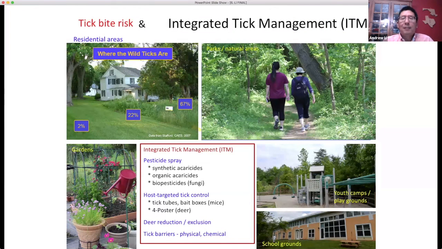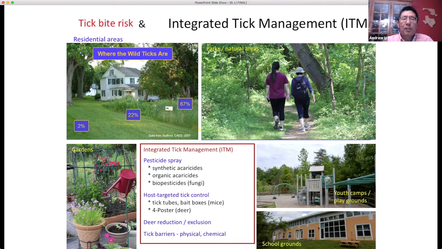Deer ticks are very hard to control because they are everywhere. If you go to a park or natural area for hiking, playing, you spend time in the garden, or children in summer go to summer camp, the park playground, even a school playground, you can encounter ticks and get a tick bite.